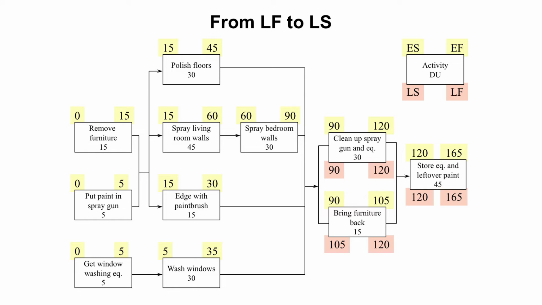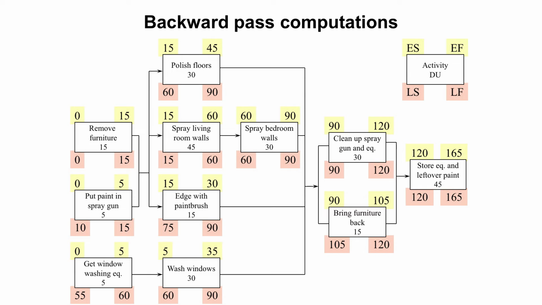So we subtract from the last activity's 165 the duration 45, and we get the latest start of the last activity, which is 120, and so on.